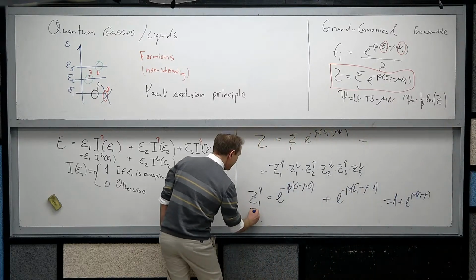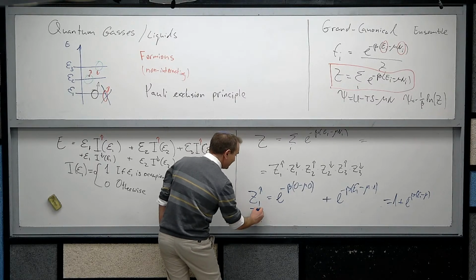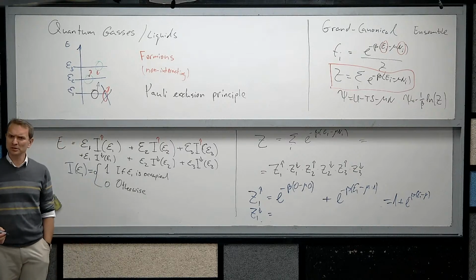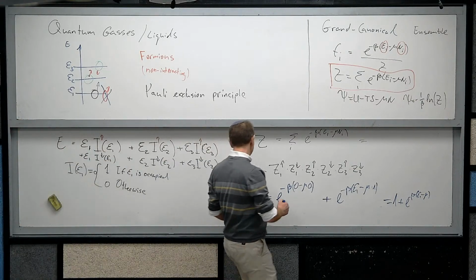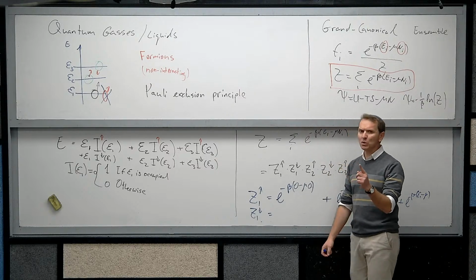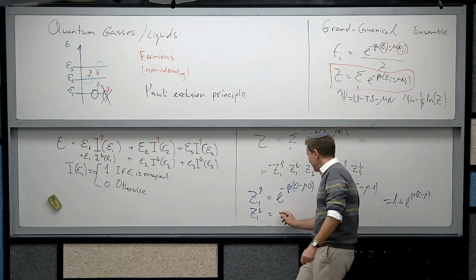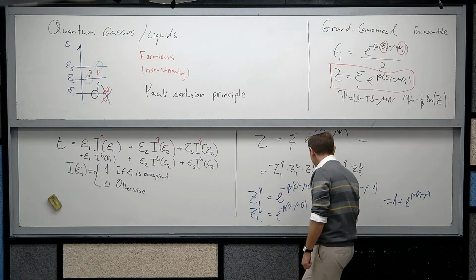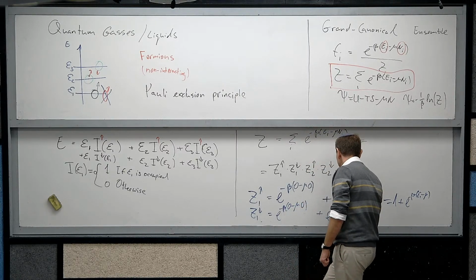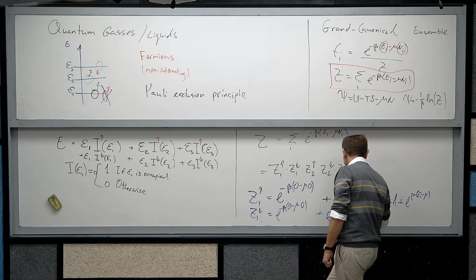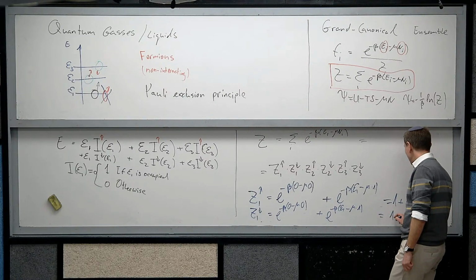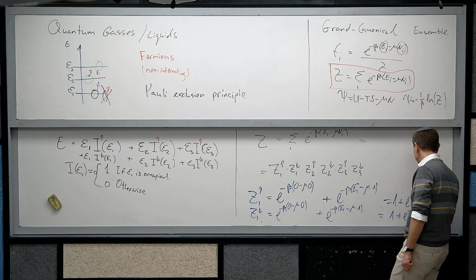The same thing goes for z1 down. Right? Why? Because the energy is independent of the spin. So when this state with epsilon 1 and spin down is unoccupied, it is e to the power minus beta 0 minus mu multiplied by 0 plus e to the power minus beta epsilon 1 minus mu multiplied by 1, which is 1 plus e to the power minus beta epsilon 1 minus mu.